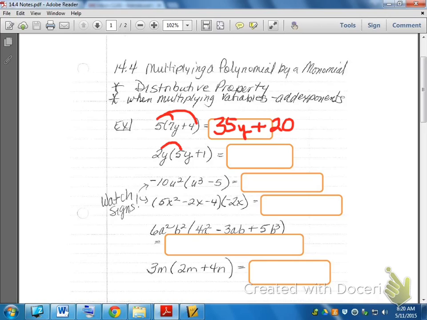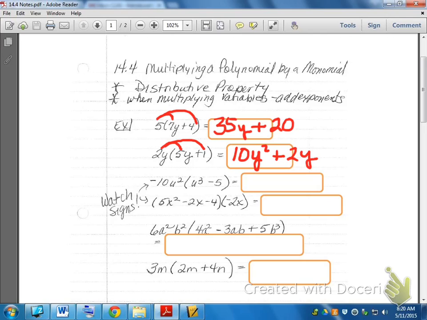So 2y times 5y, you would take the 2 times 5, which is 10, and y times y, they both have 1s as exponents, so 1 plus 1 is 2, so 10y to the second, and then 2y plus 1, so 2y times 1 is just 2y. Questions about that? Distributing your 2y through there, just make sure you bring it along with every term. Okay, any surprises there? All right.